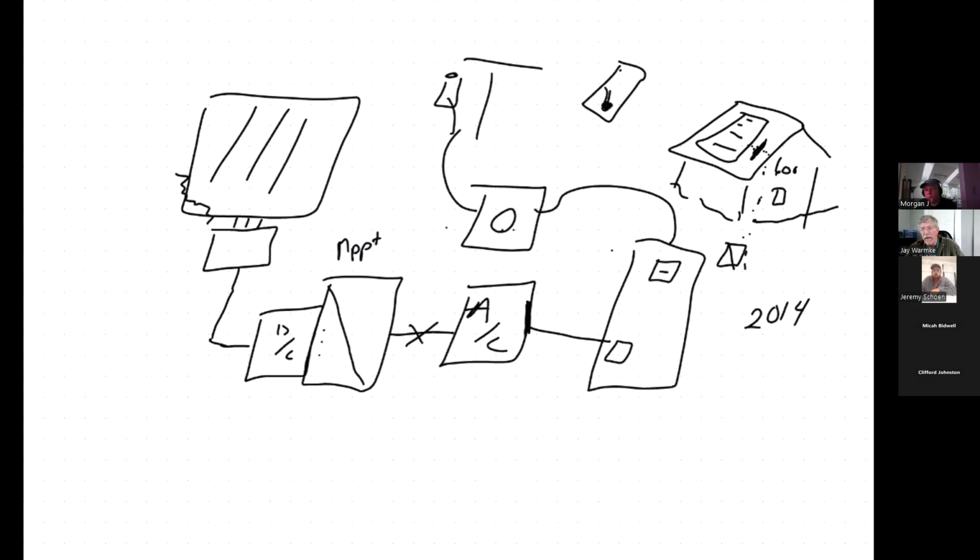When you start getting into massive systems, probably not. But any system that's on a building has to have an electronic device attached to the panel. We call those module level power electronics, MLPEs. An optimizer is one. A microinverter is another one.